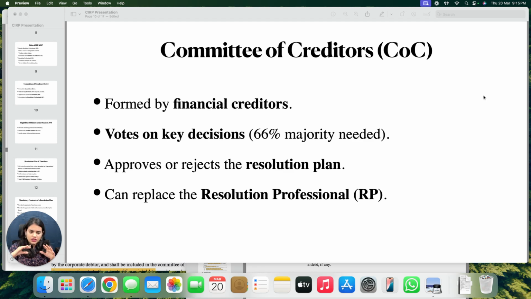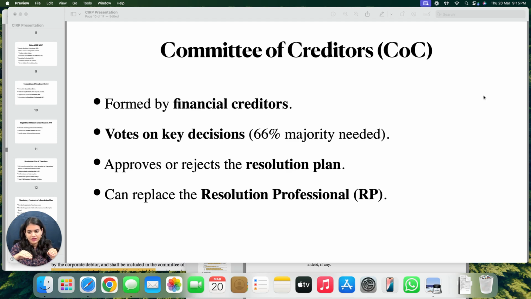So in a class of creditors, the voting process is slightly different. The authorized representative will take a decision amongst the class of creditors, and any decision with a simple majority will be considered, and such decision will be voted in the meeting of the CoC.